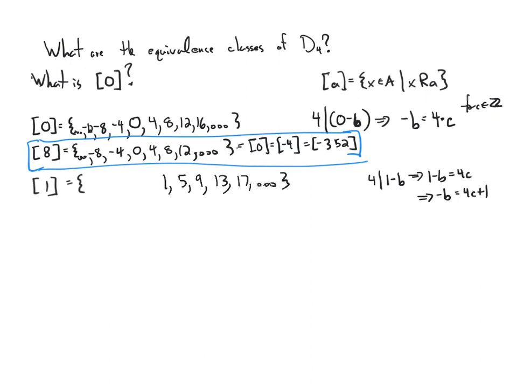And in the negative direction, we have -4 plus 1 is -3. -8 plus 1 is -7. And that goes on forever. So it's all numbers with a remainder of 1 when divided by 4, I should say.